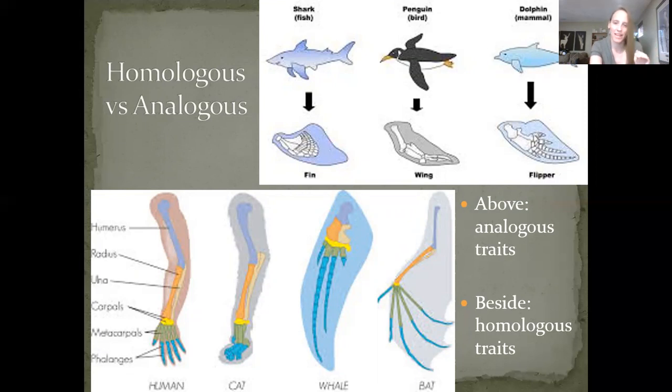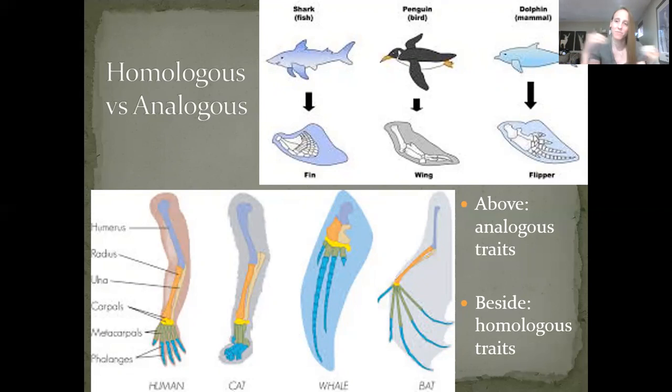They are not related. And then on the bottom here, we have our homologous traits. These are ones that from the outside look really different, though the skeletons are actually kind of similar. Very different functions, but they are actually related. So we have the arm of a human, we have the leg of a cat, the fin of a whale, the wing of a bat. The different color coding parts here are showing you that we have the same bones.